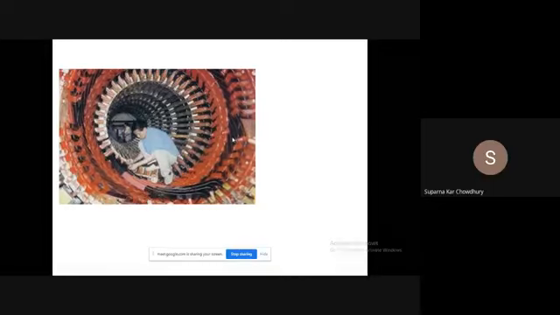Now the field circuit is a low power circuit, normally 125 volt to 250 volt, maximum 500 volt is the voltage rating. So insulation is not that much of a problem from the voltage point of view, but particularly for the cylindrical rotor machine, as the field is placed on the rotor, it is subjected to very high temperature because it is very difficult to cool the rotating winding.